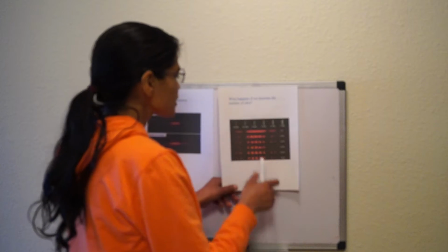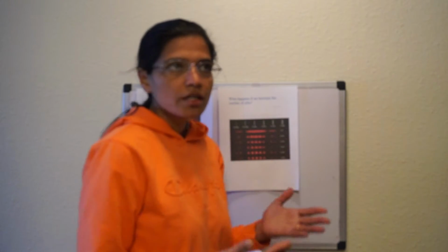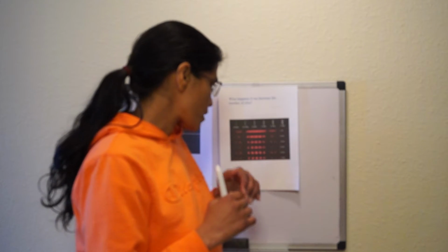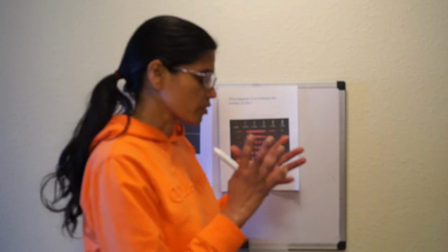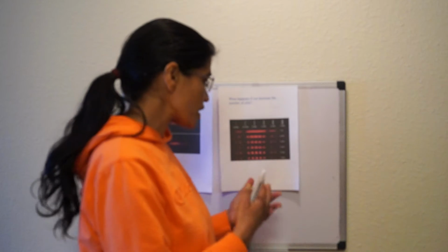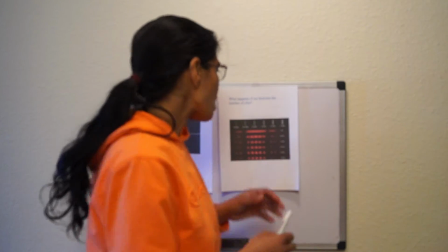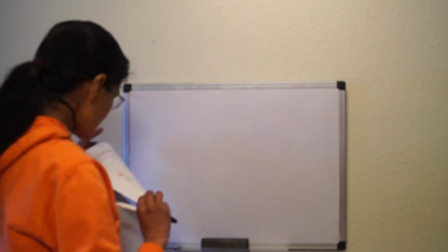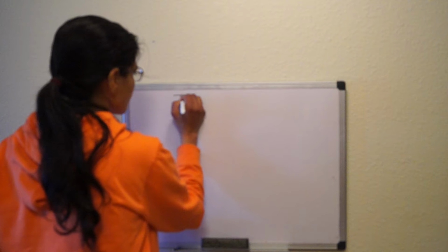But then we call this device, where we have multiple slits, and then when we see the pattern on the screen after using the light source behind this device with multiple slits, we call it diffraction. Okay, so we call it diffraction, transmission diffraction.